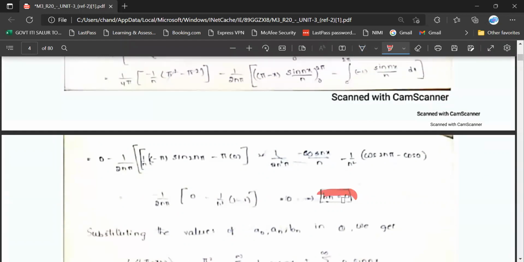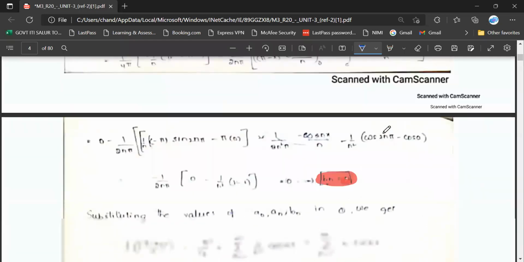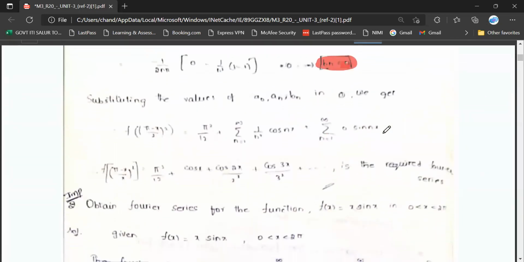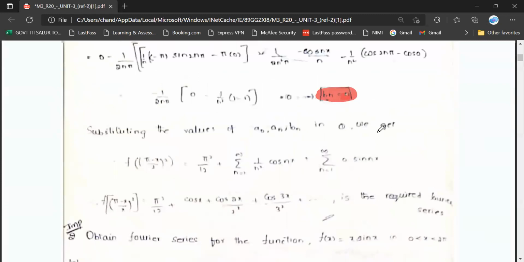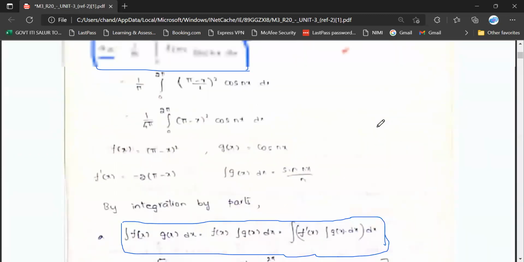So we have a₀ equal to π squared by 6, bₙ equal to 0 and aₙ equal to 1 by n squared. We should substitute these in the required general equation.